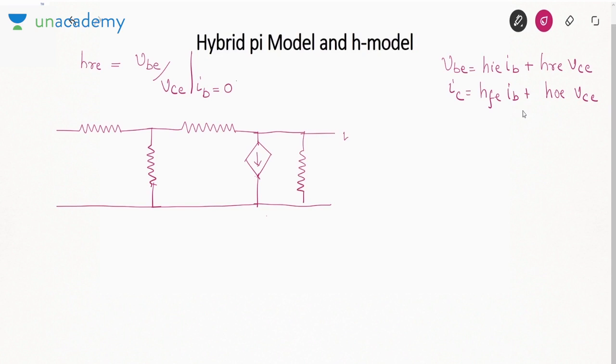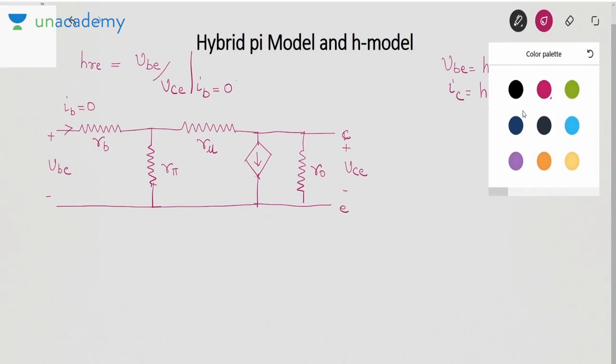This is your VCE. This is r naught, r mu, r pi, rb. And this voltage is VBE. So we need to keep this IB equal to 0.